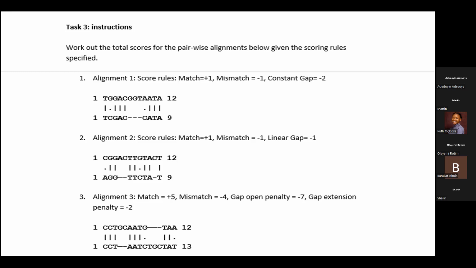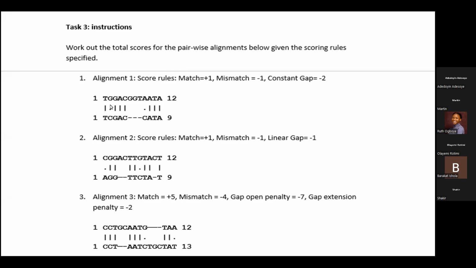By using the constant gap penalty. The score rules: each match is +1, each mismatch is -1. The constant gap is -2. So we have 1, 2, 3, 4, 5, 6, 7. We have 7 matches. So that's 7. So our score is 7 at the moment.